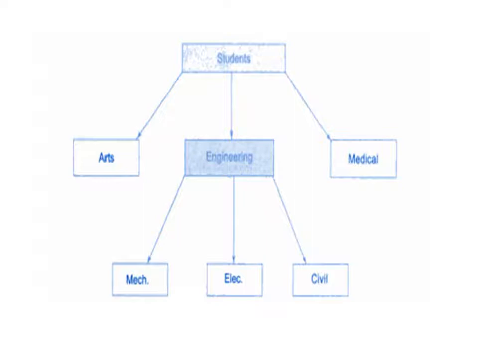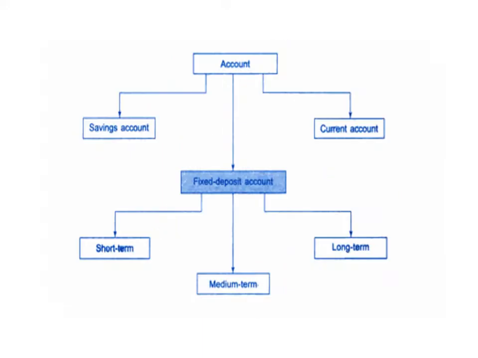He may belong to any category like arts, engineering, medical, but a student will have common features like his roll number, his education qualification, all those things. Inside engineering, there can be many other streams he can opt for. Likewise, it goes level by level. In this case, we'll go for the hierarchical way of implementing the inheritance.